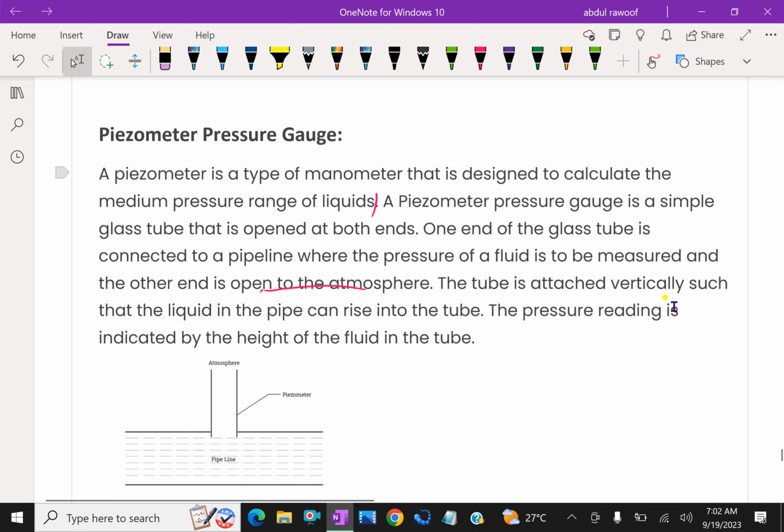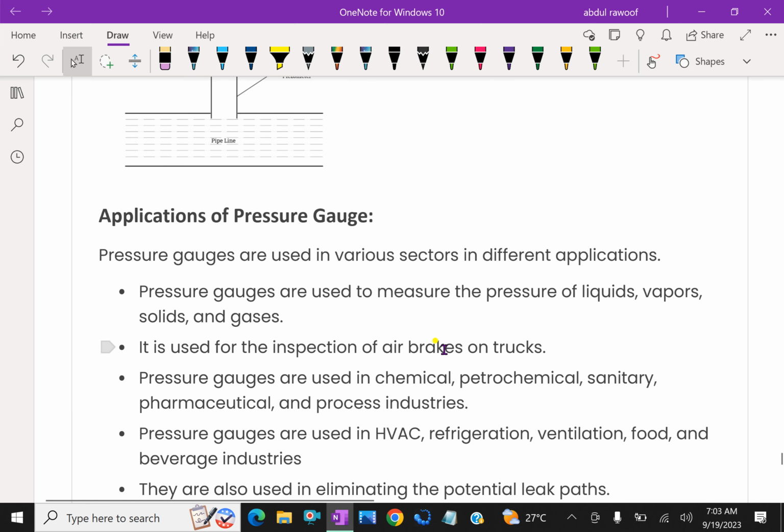The tube is attached vertically such that the liquid in the pipe can rise into the tube. Because of pressure in the pipe, its liquid column rises up. That measurement is noted. From that, pressure is calculated. The pressure reading is indicated by the height of the fluid in the tube.